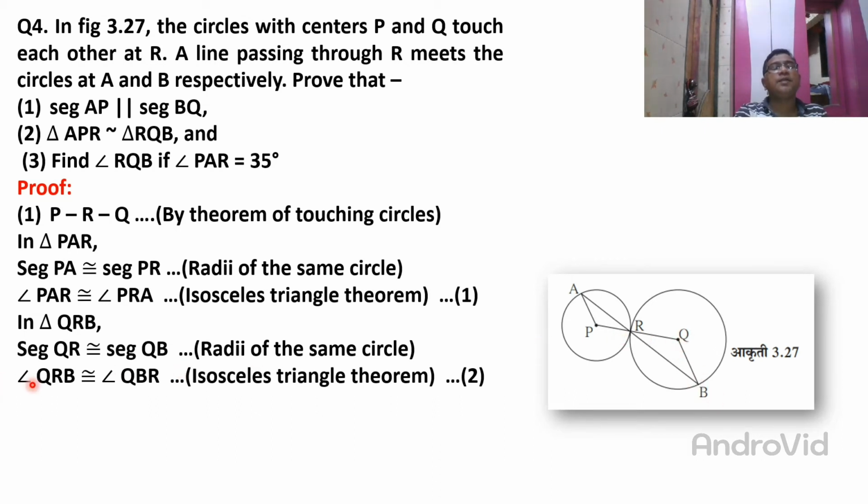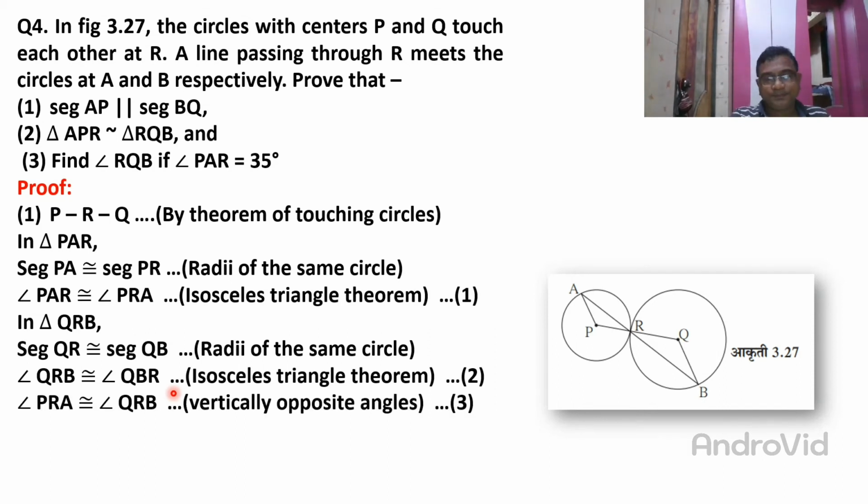Remember, my students, when segments are congruent, then the angles opposite those segments are congruent. Is that clear? So angle QRB is congruent with angle QBR. The reason is the isosceles triangle theorem.